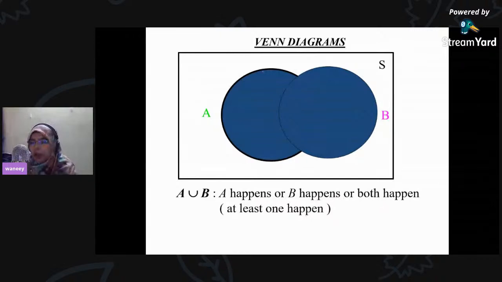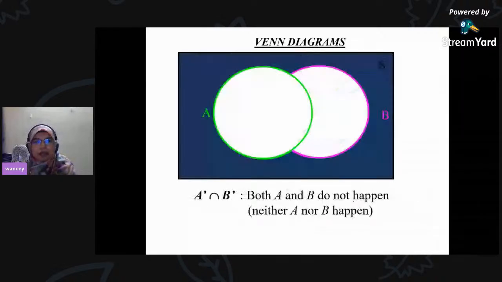So at least one of them happens. Next, A complement overlap with B complement means both A and B do not happen, neither A nor B happens. Tak boleh A, tak boleh B.